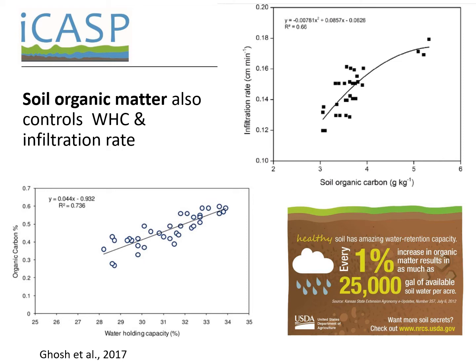For those that prefer metric units, that is approximately 234,000 litres per hectare. And soil organic matter also controls infiltration rates via its influence on soil structure.